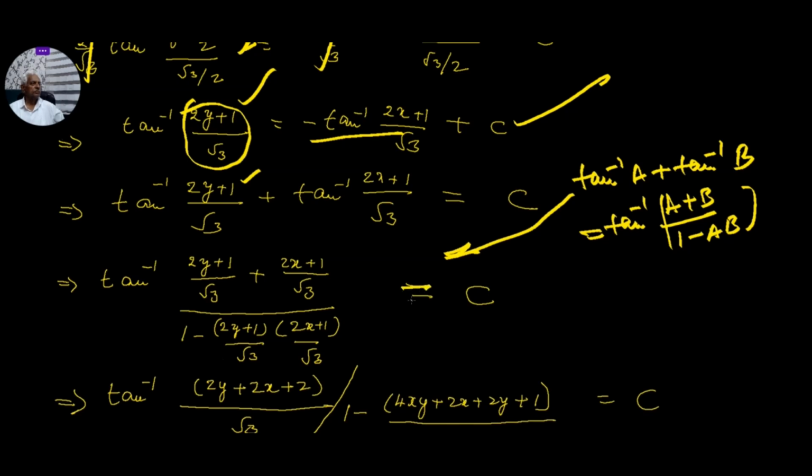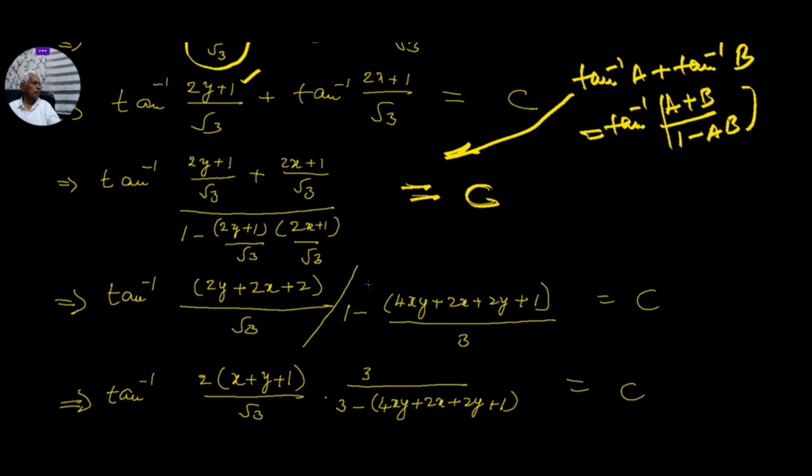That is equal to C. Here root 3 is common. So we get numerator (2y plus 2x plus 2) by root 3, and denominator 1 minus ab. You multiply these two, this one and this one. You get this (4xy plus 2x plus 2y plus 1) by 3, which is equal to C again.